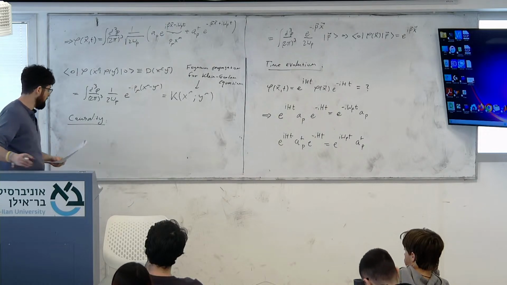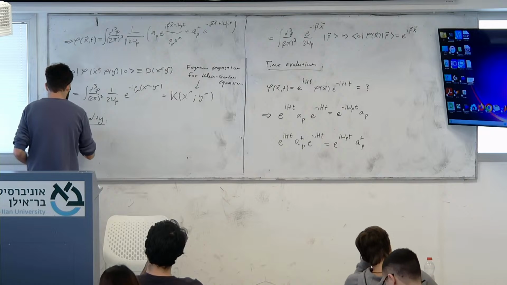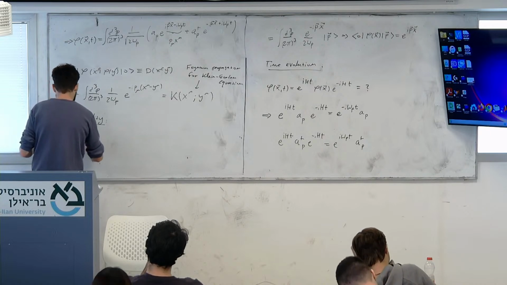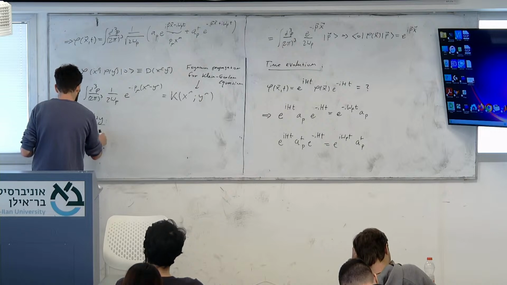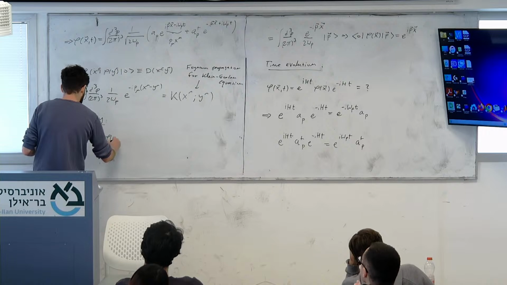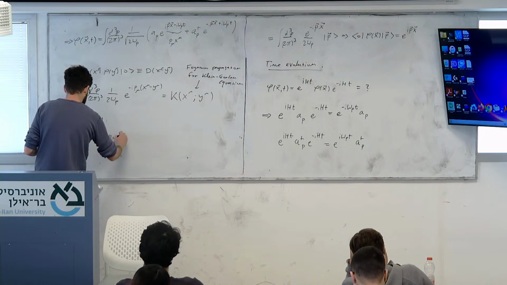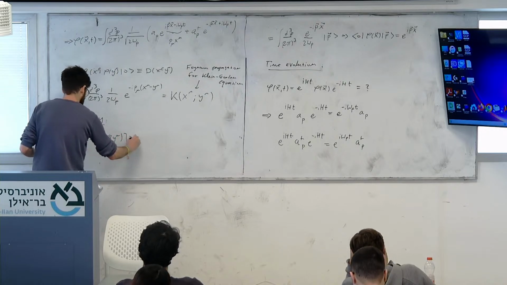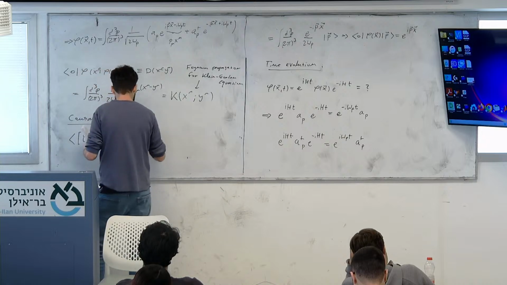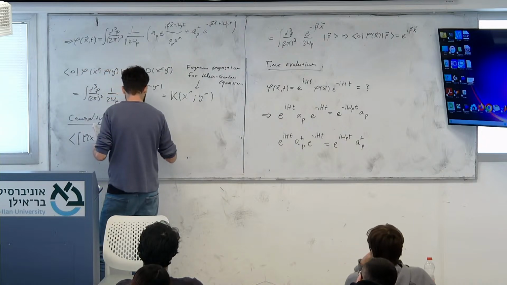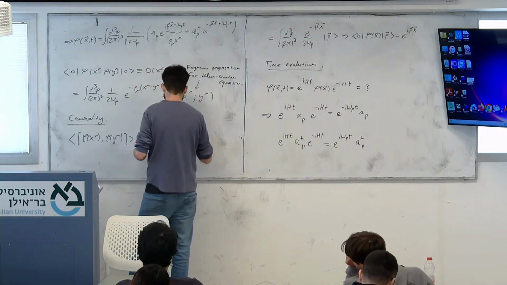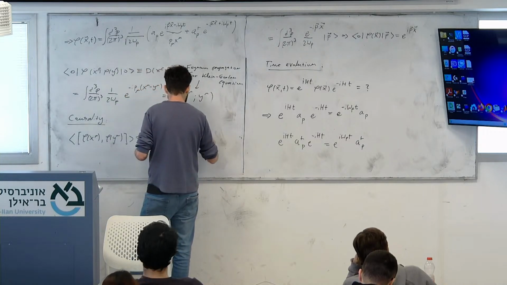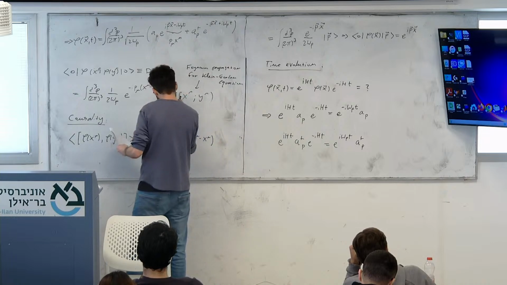So if instead we look at the expectation value of the commutator of phi of x mu and phi of y mu, then we find D of x mu minus y mu minus D of y mu minus x mu.